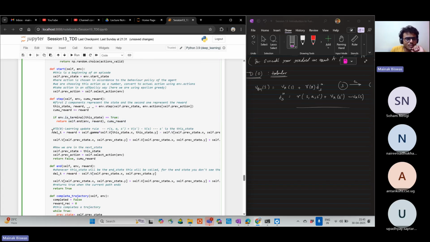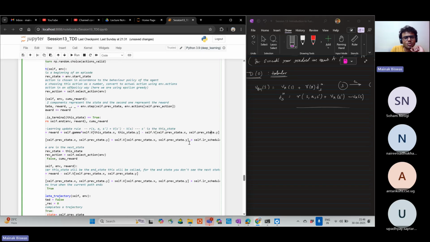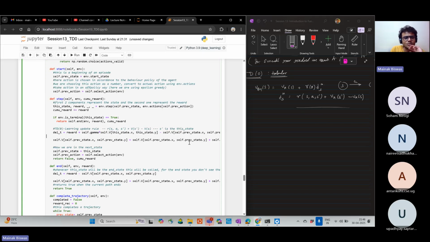I compute delta t. Delta t is basically the reward I saw plus the discount parameter gamma, which here is 1, times the next state value, this is V(S'), minus the previous state's value. That's what I wrote down: V_n(S') minus V_n(S).